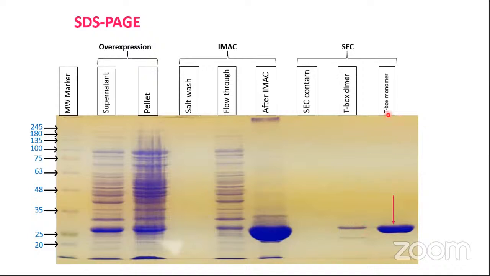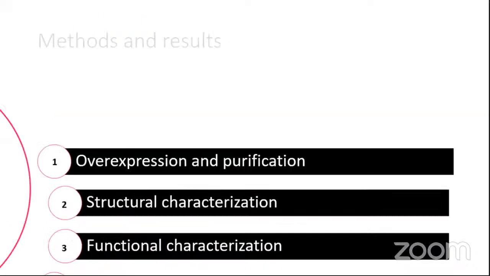But more importantly is the last column over here, where we can compare the final protein that will be used for characterization and crystallization. If we compare from here to here, we can see that all the contaminants have been removed, and pure protein, which is just greater than 25 kilodaltons, can be used for the downstream applications.